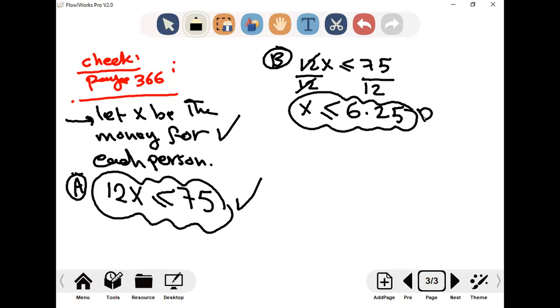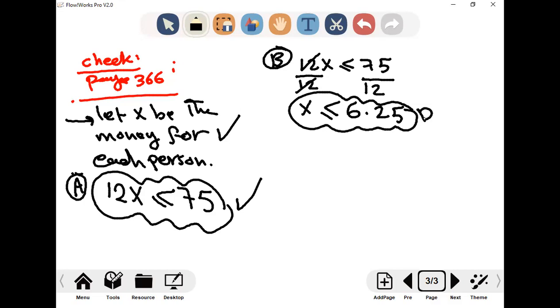You can also say at most 6.25. Any word you can use. So let's use at most together. Dominic can spend at most $6.25 per person on party favors.